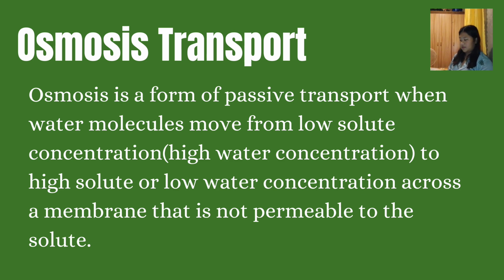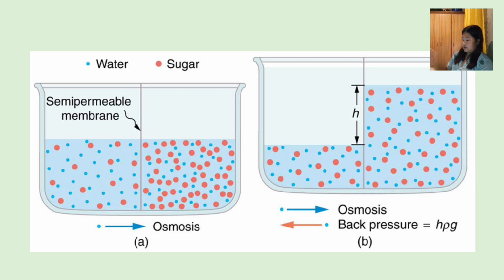Osmosis is a form of passive transport where water molecules move from low solute concentration, which means a high water concentration, to high solute concentration, which means a low water concentration, across a membrane that is not permeable to the solute. So we have here the picture. We can see that the water and the sugar go to the right because it has more water and sugar.